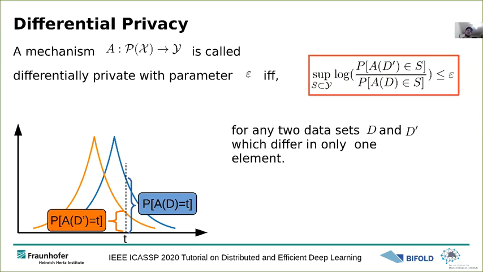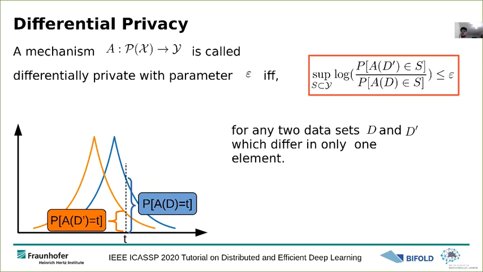So if you have a mechanism A that maps a set of data points to some output, then this mechanism is called differentially private with parameter epsilon if and only if this quotient of probabilities here is smaller than epsilon.